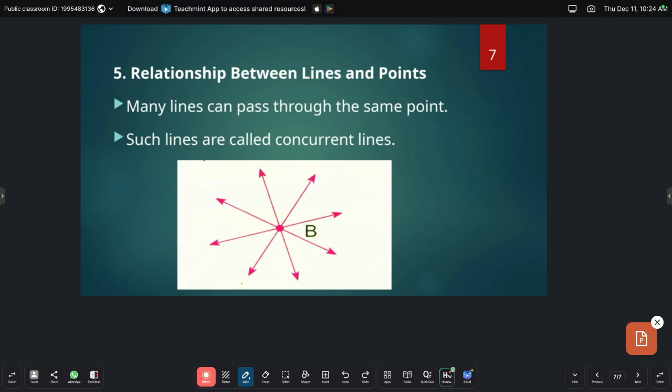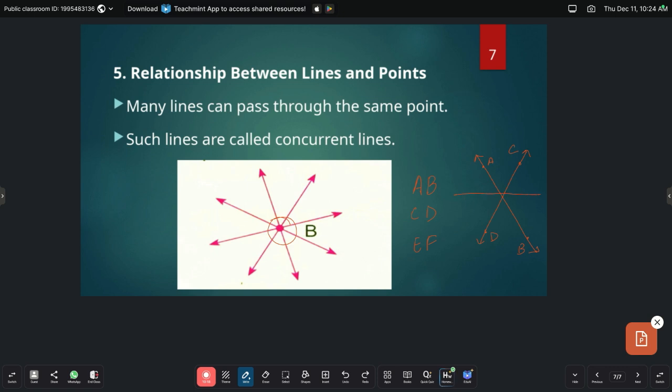They are crossing each other at the same point and the point is B. You can easily see that many lines are passing through the same point, that is point B. Suppose I am making a line AB, here it is A, here it is B. Again, it is C and here it is D.